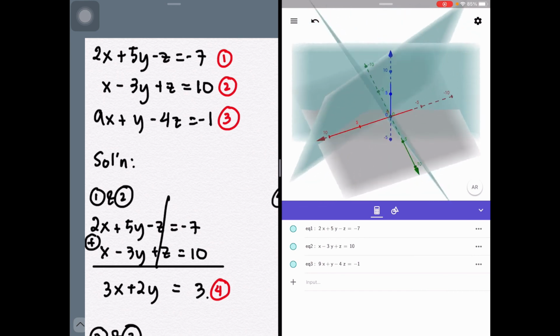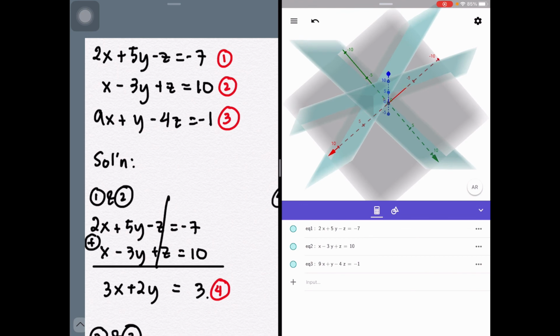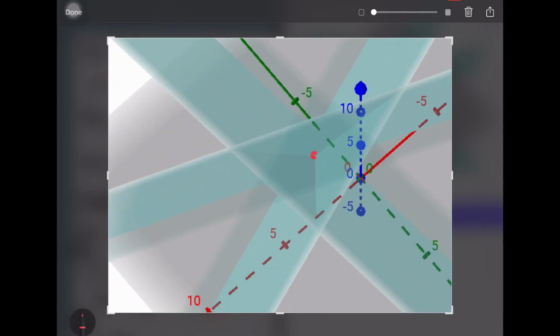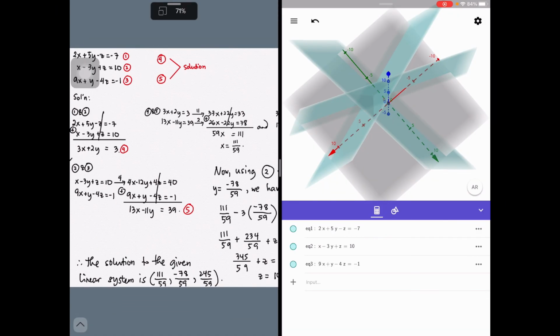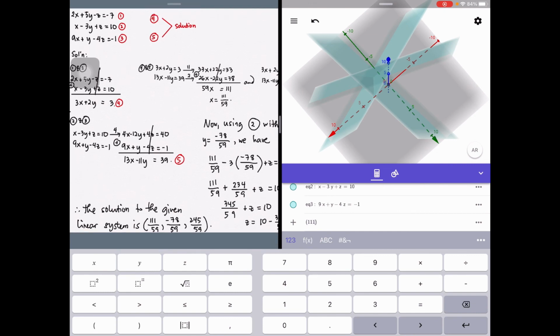And we are not using the Cartesian plane, but we are using the XYZ space. Now, this would be the intersection of these three planes. Is the point 11/59, negative 78/59, and 245/59 really the intersection or solution of these three planes?